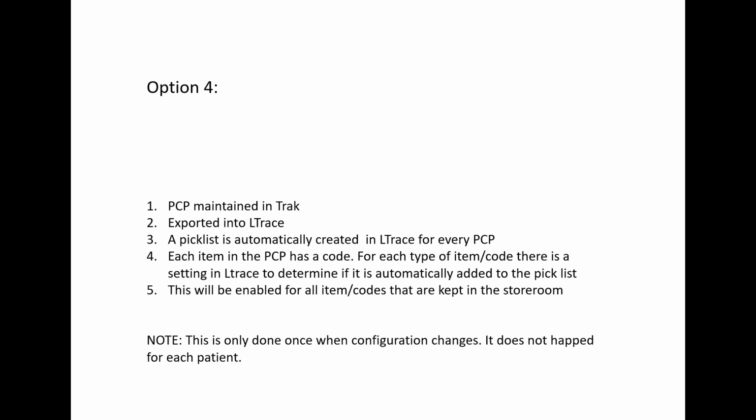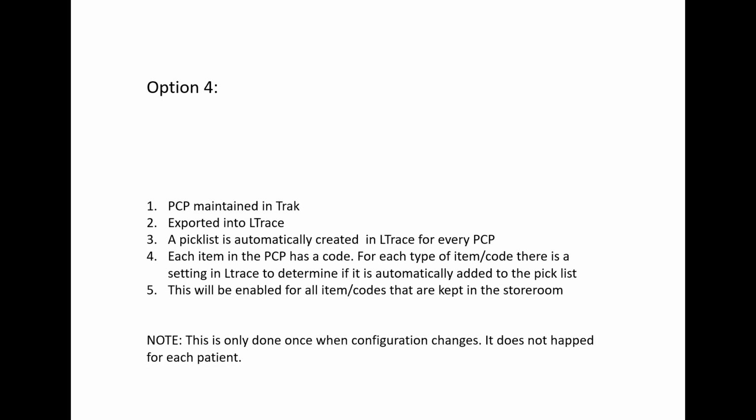And every item in the PCP has a code, and what we're going to do is say for each code we're going to have a flag to say whether or not that code is going to automatically go into a pick list. And so this will, if we get it right, enable all the items and codes that are kept in the storeroom that are on the PCP to automatically appear in the pick list.